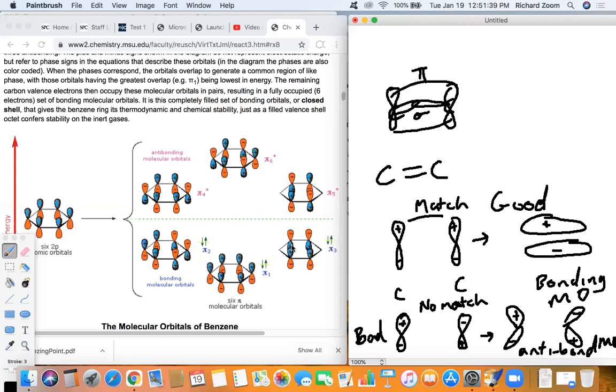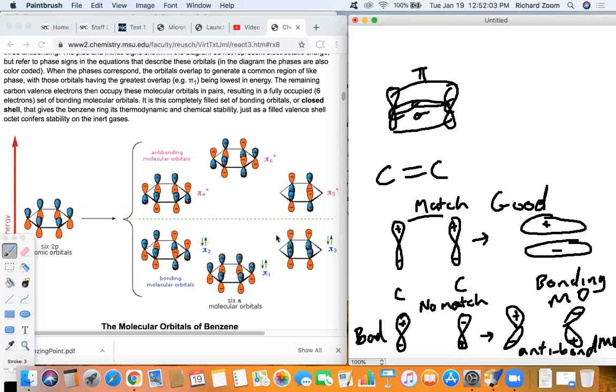The other situations that you're seeing here are different combinations, again, some worse than others. And the ones that have the greater amount of overlap between the good phases, those are going to be lower energy than the ones that have not as much overlap.